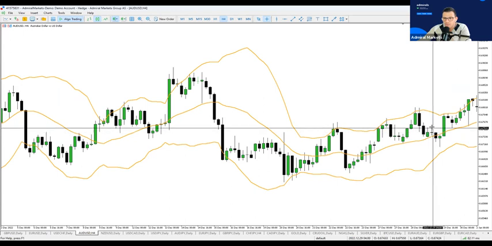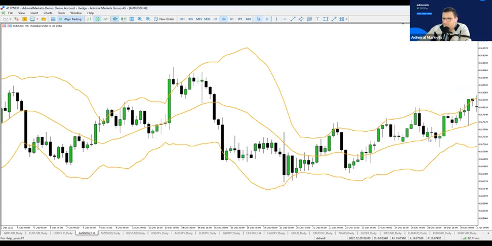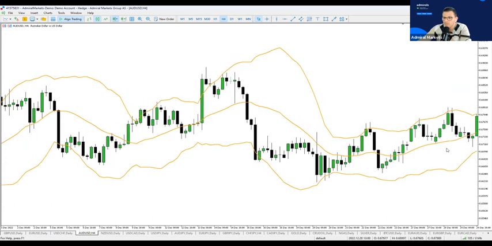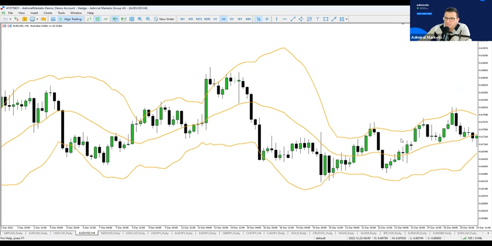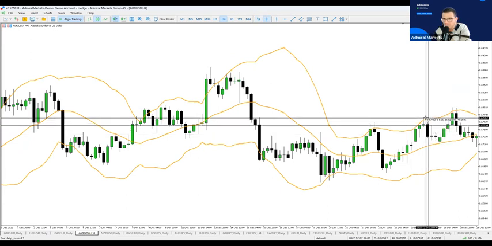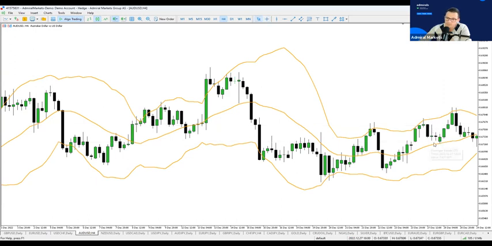Now, if we see this reversal here and we enter here, our stop will be there and it's been hit. Then we find this one here, maybe it was not a good setup because it was below the moving average. Maybe this one here was a good setup: we enter at the close, we have a stop of 16, 17 pips, and we have a 36 pip target.